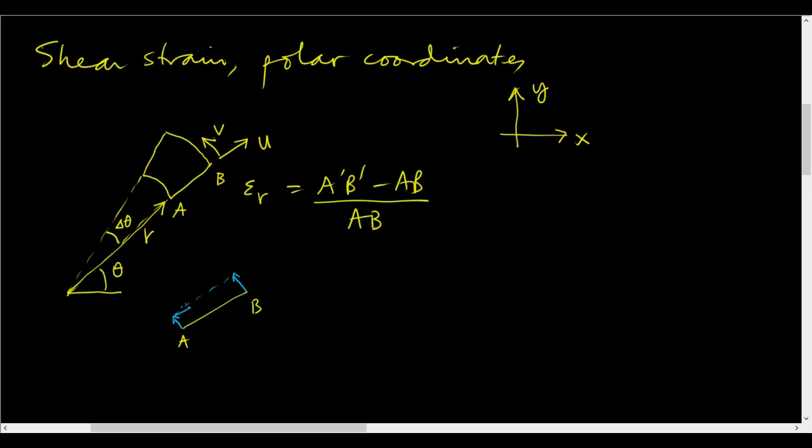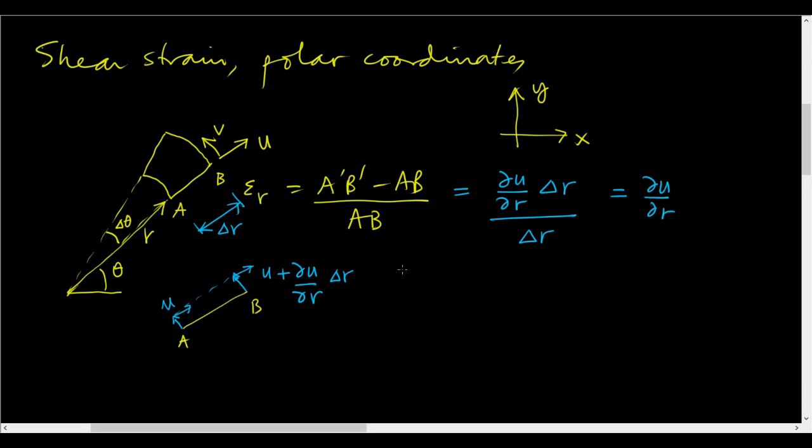It moves in the radial direction by u, and this one moves in the radial direction by u plus del u del r times delta r. That length there is delta r, and so the change in length is del u by del r delta r. We divide that by the original length and we get del u by del r. This is the easiest.